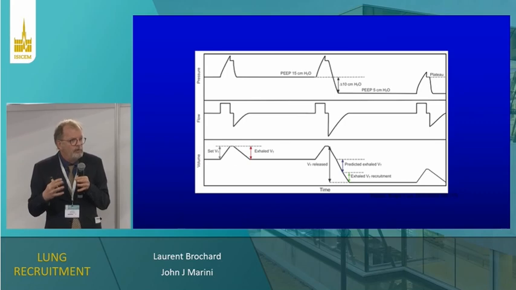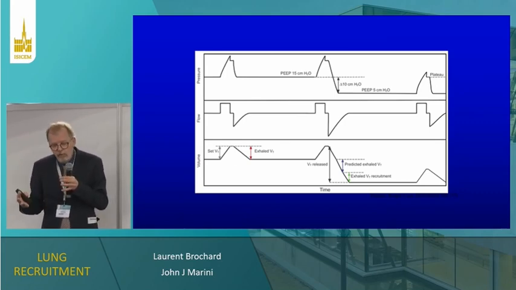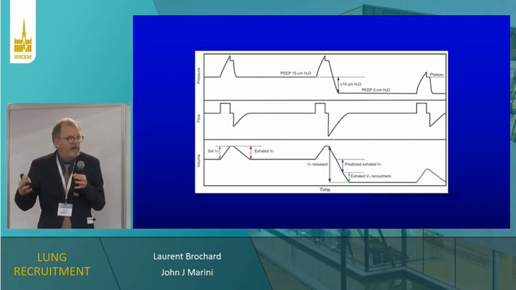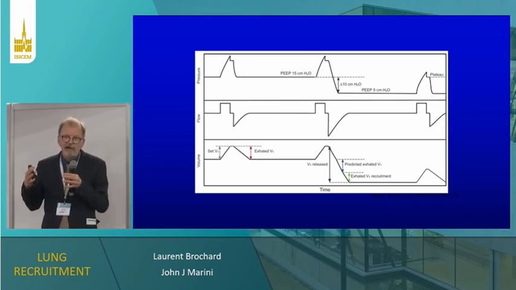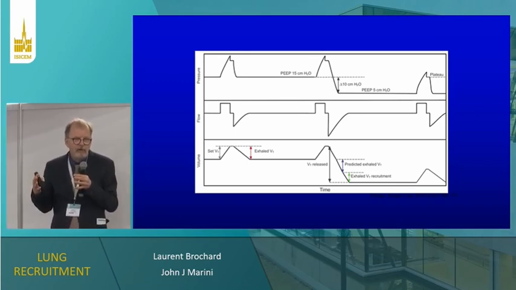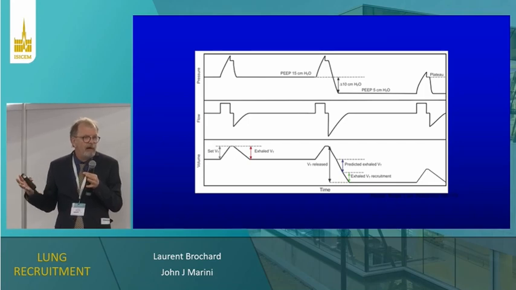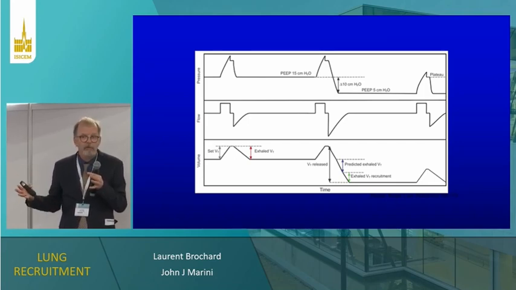Right, like a balloon. You know the elastance or the compliance of the balloon. For instance, you know it's 30 milliliter per centimeter of water, meaning that if you increase the pressure in the balloon by 10 centimeters of water, you should increase the volume by 300, right?